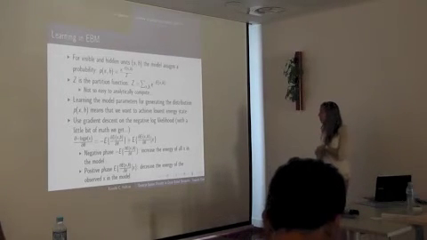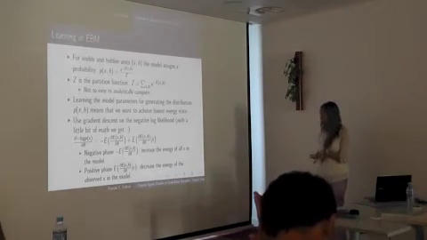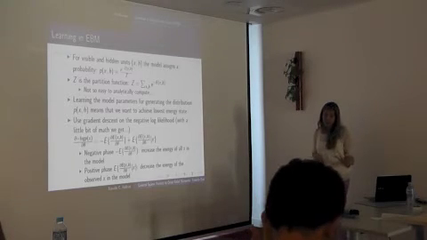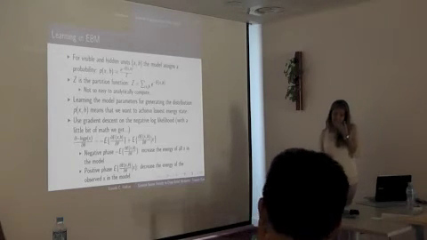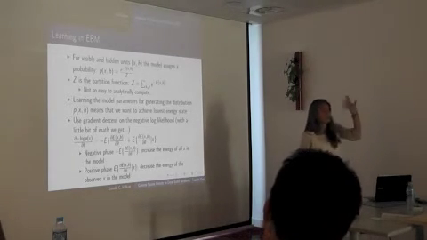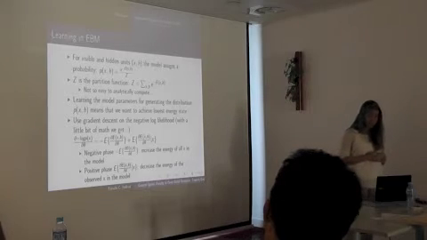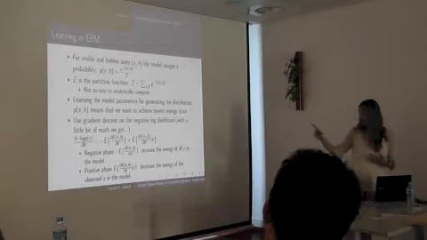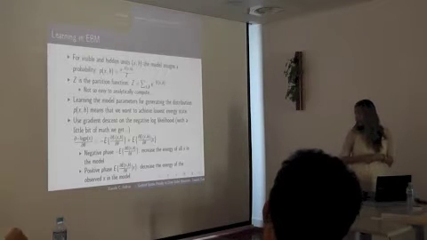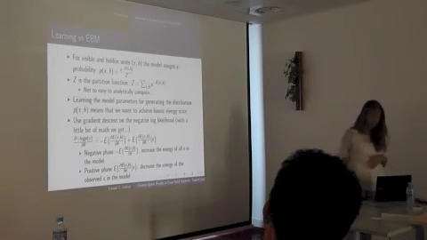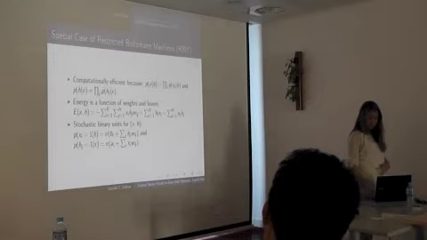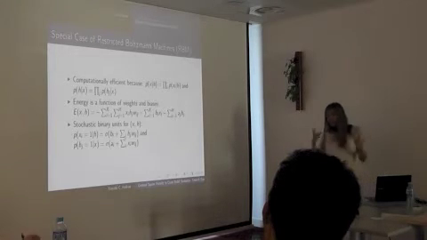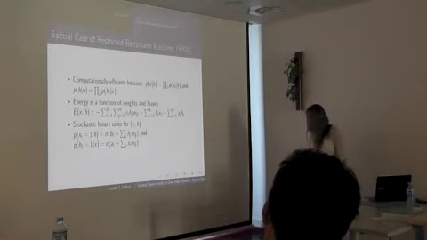For the positive phase, what we're doing is we're decreasing the energy of the observed x in the model, of our training data, basically, and thus increasing their probability of occurring. So what happens is, again, we have that difficulty of computing that first part, that negative phase part. So that's in general for the energy-based models.